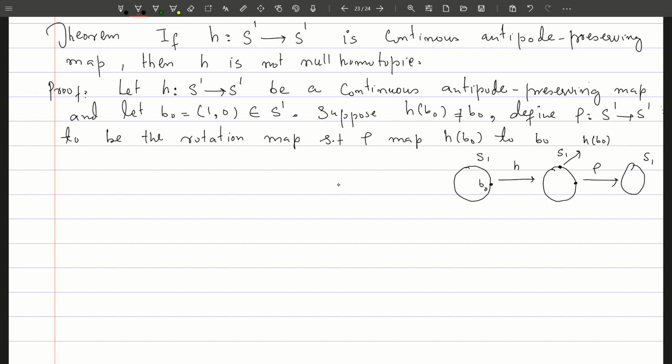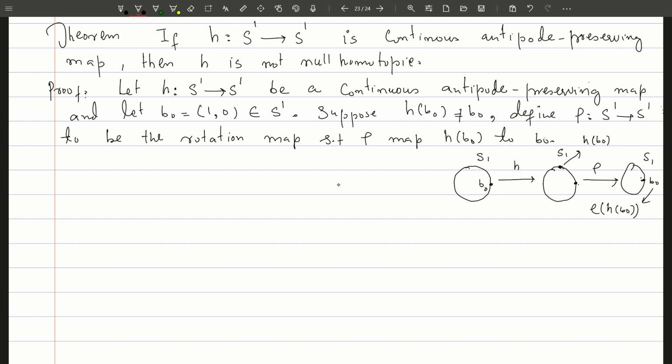Now this rho takes this h of b naught back to b naught, so this b naught is the same as rho of h of b naught. So this h takes this b naught here, and this rho takes this h of b naught back to its original position.